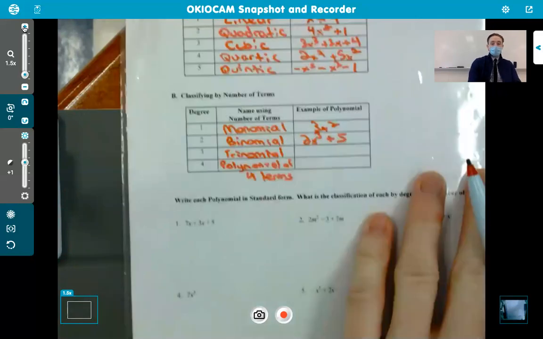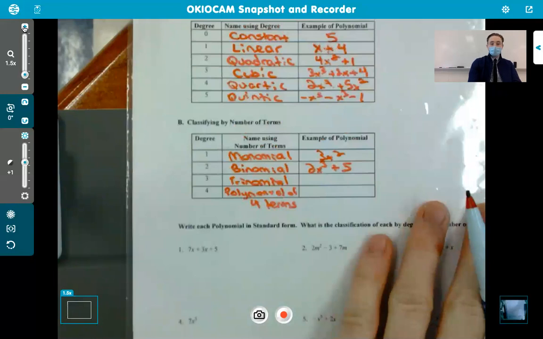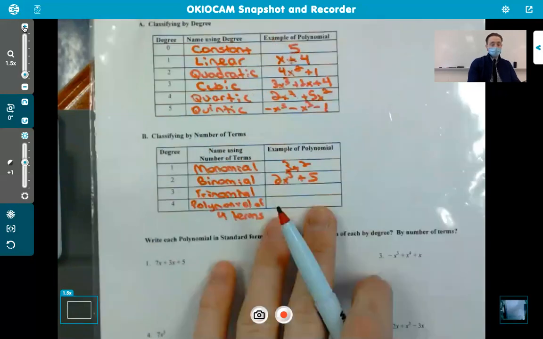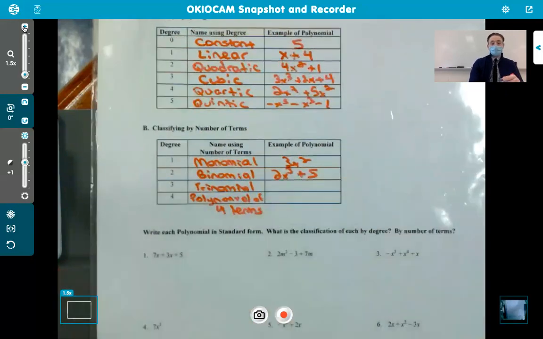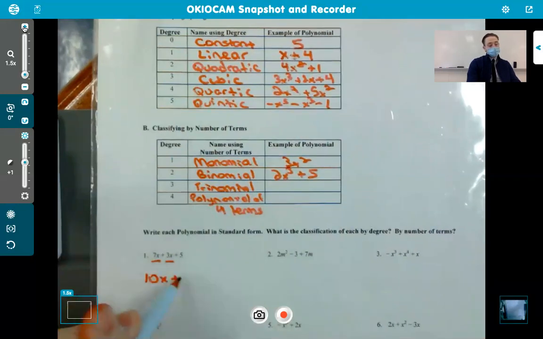So for example, I'll kind of just do this first one on my own, and I'll see if I can keep the charts here for us so it's a little bit easier. The first one, I have 7x plus 3x plus 5. Well, I should notice that I can combine the 7x and the 3x. And then when I write it in standard form, I have 10x plus 5.